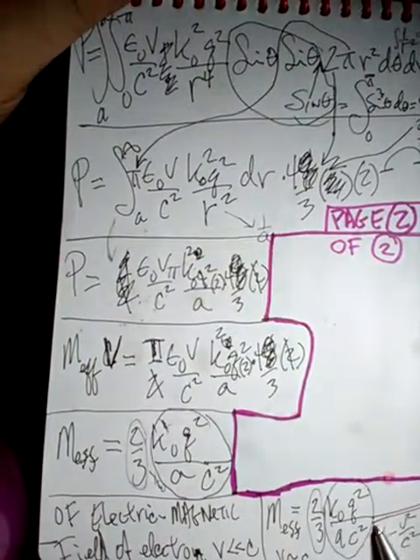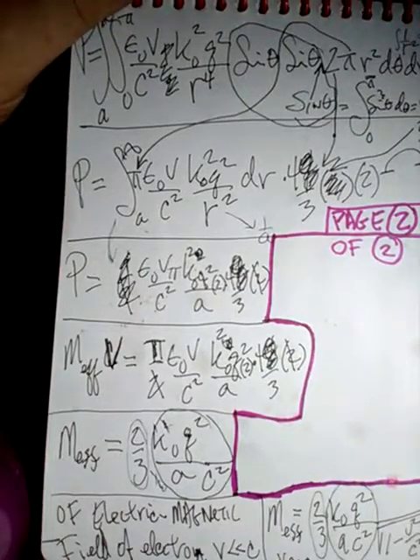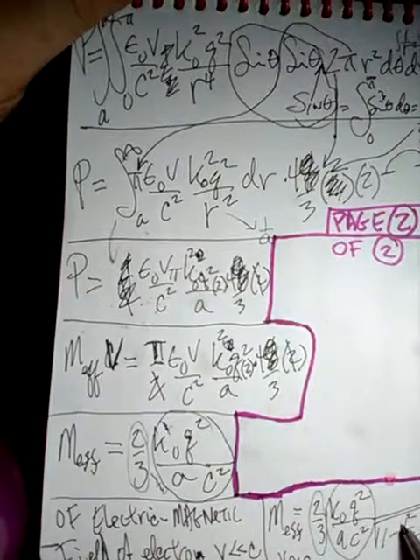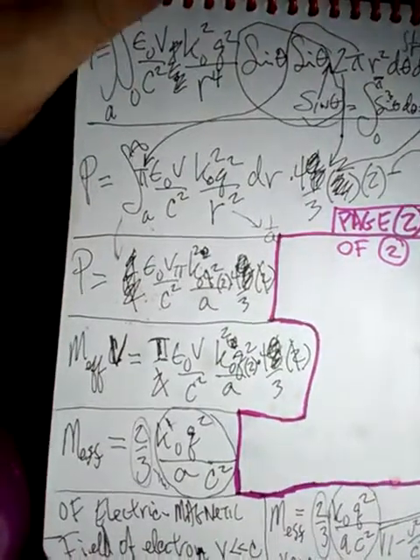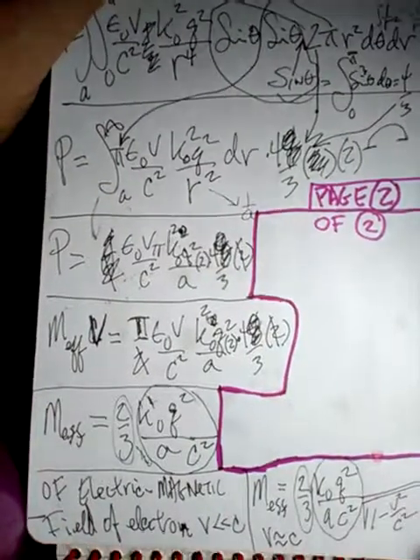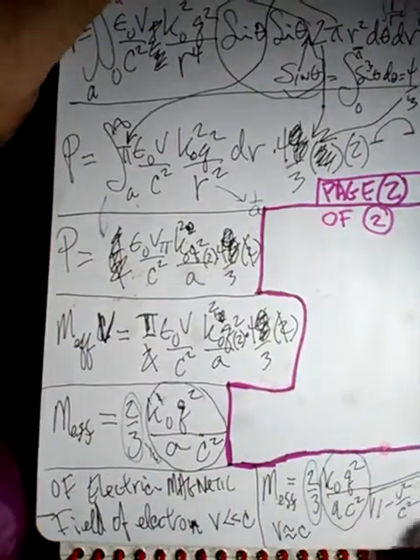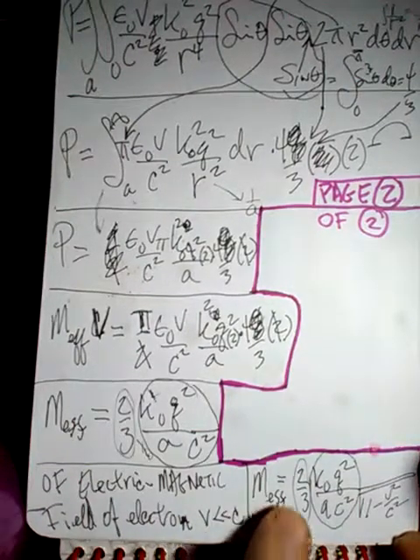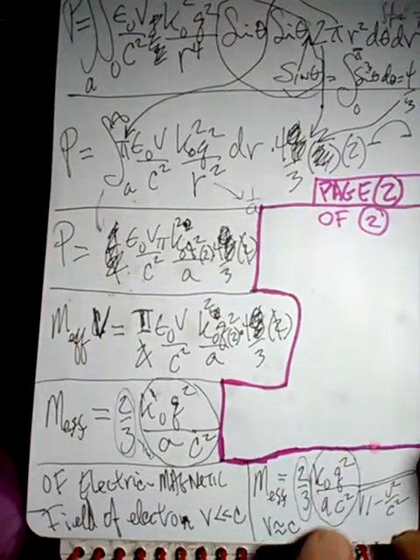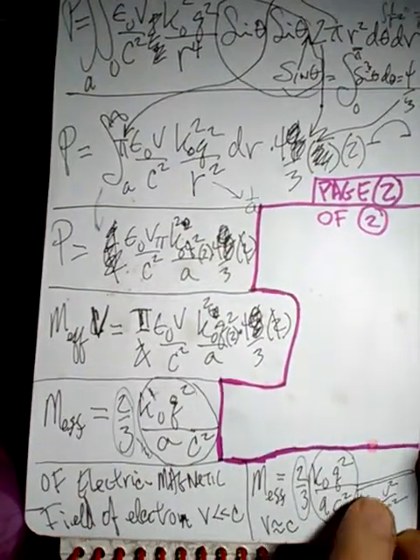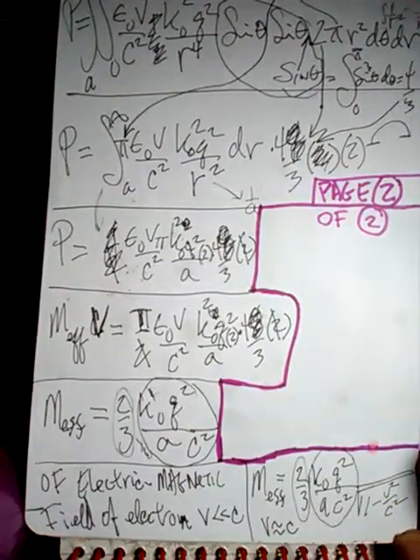Of course, the Lorentz factor of 1 over the square root of 1 minus v squared over c squared, the special relativity factor that we have. So mass effective is 2/3 k naught q squared a over c squared, times the square root of 1 minus v squared over c squared right there.